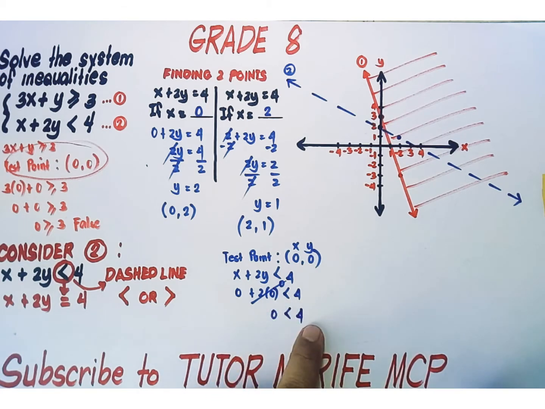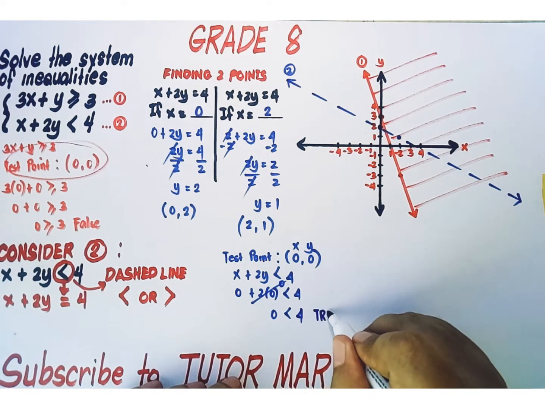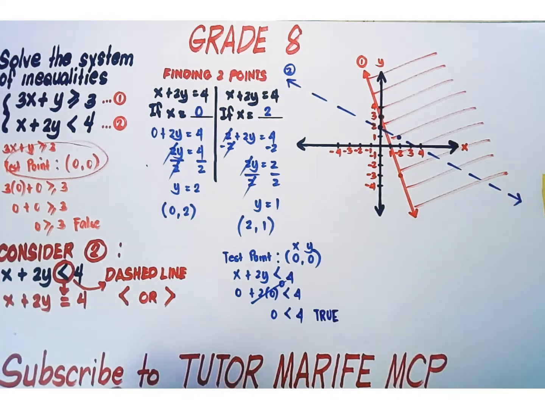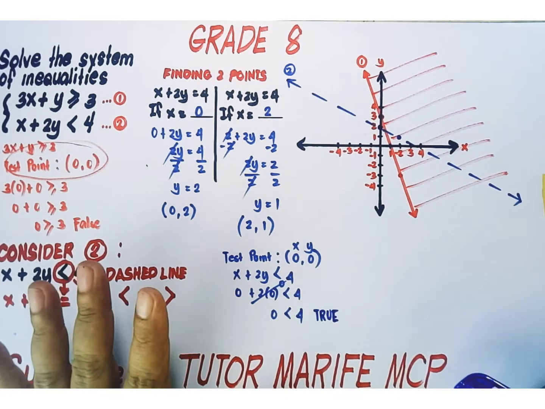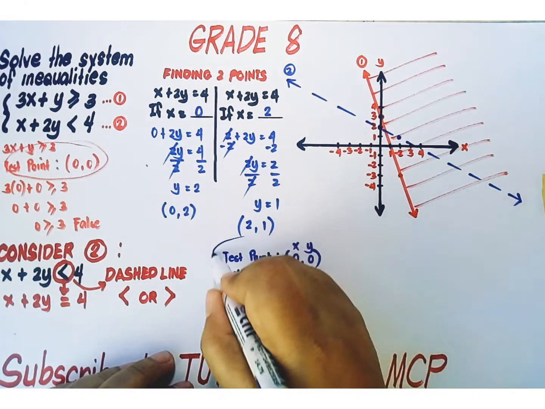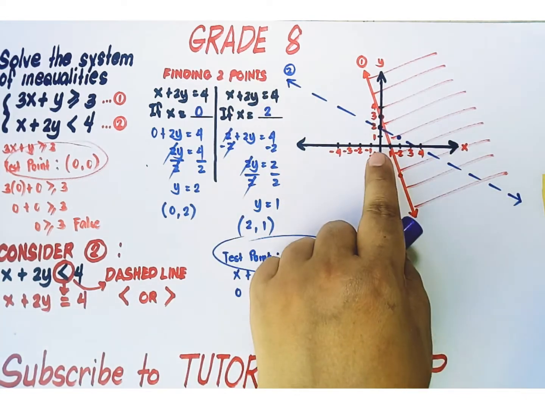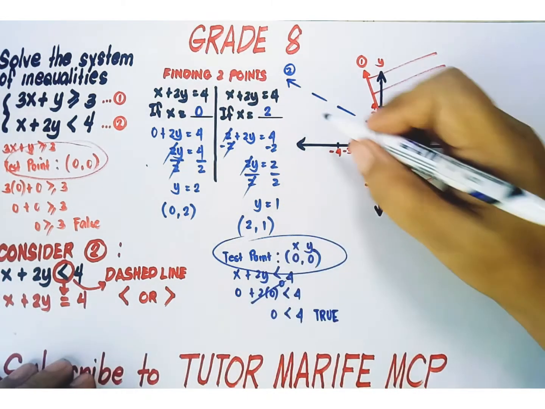Is this a true or false inequality? 0 is less than 4 is a true inequality statement. That means we are going to shade the half-plane that contains our test point. This is the half-plane containing the origin.